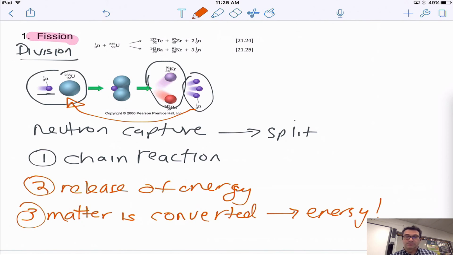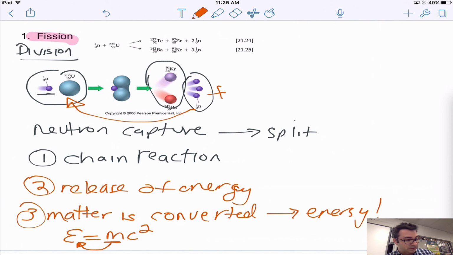This goes against most of the laws that we have for conservation of matter and energy, but it obeys the law E equals mc squared, where c is the speed of light. You don't have to know this mathematically, but the idea is that the matter that is destroyed is converted into energy. That energy is released.